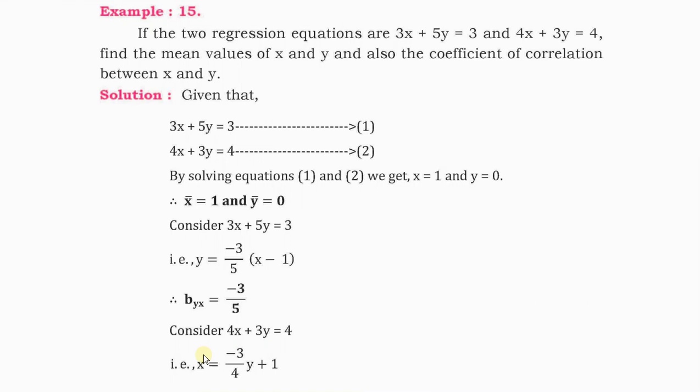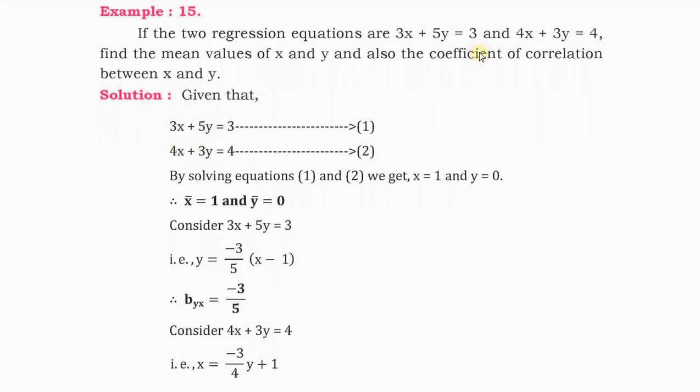At last, if two regression equations are 3x plus 5y is equal to 3 and 4x plus 3y is equal to 4, then find the mean values of x and y and also the coefficient of correlation between x and y. Now if we solve these equations simultaneously, either we cancel out x first or y first.